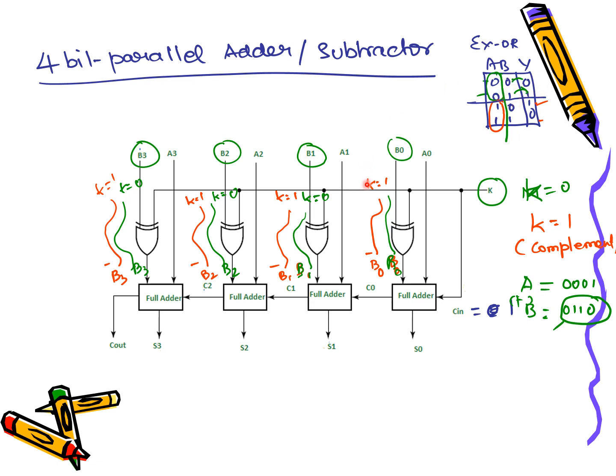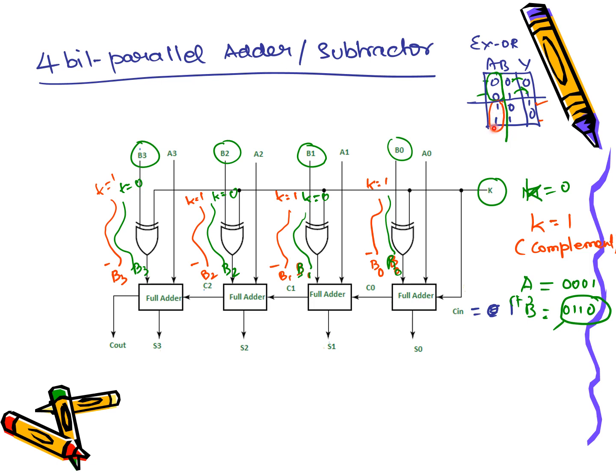So when K is equal to 0, whatever B bits of information you're providing, it is just acting as a buffer. For an XOR, if one of your bits is always 0, it will act as a buffer. When one of your bits is high, it will act as an inverter. Look at that.